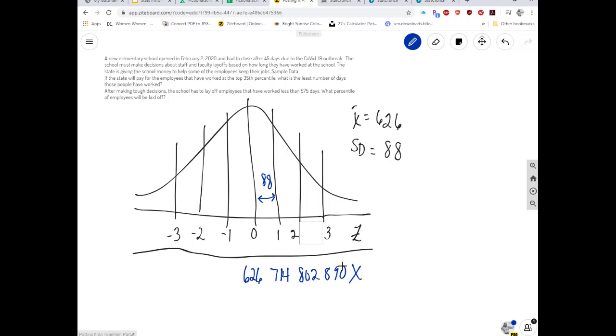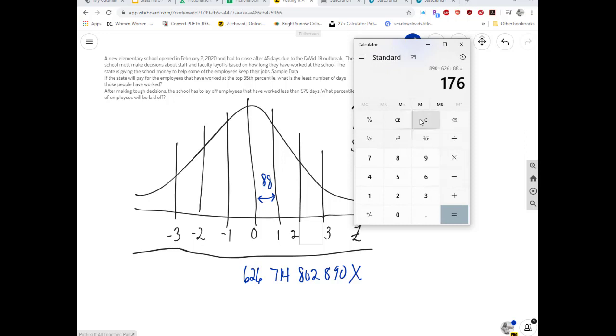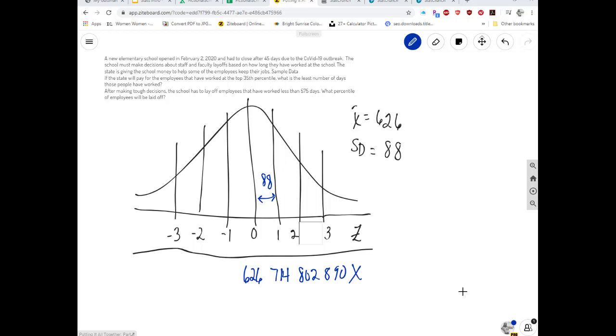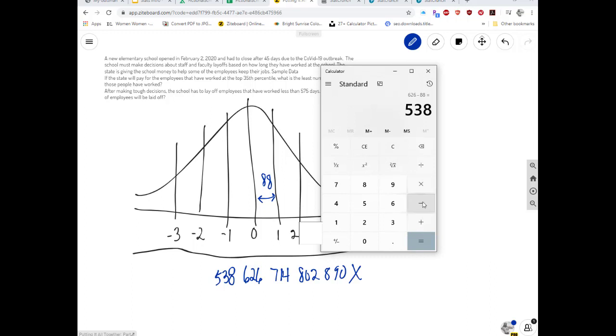Okay. Now I'm going to go back to the center and subtract. Clear. See why it's important? 626 minus 88 equals 538. Minus 88 equals 450.